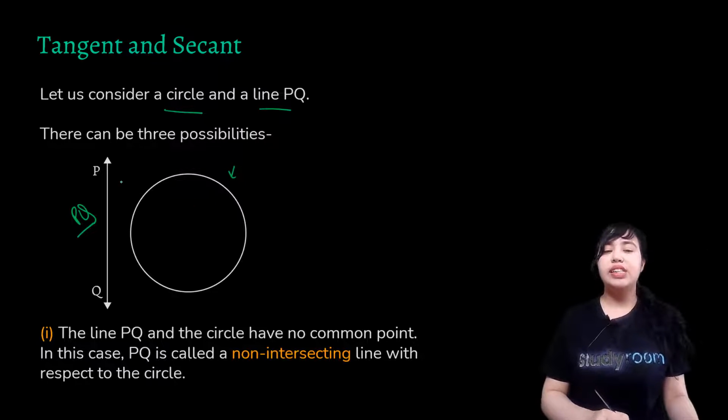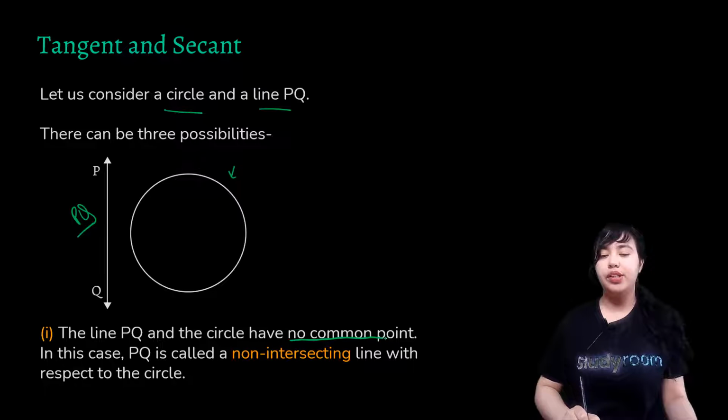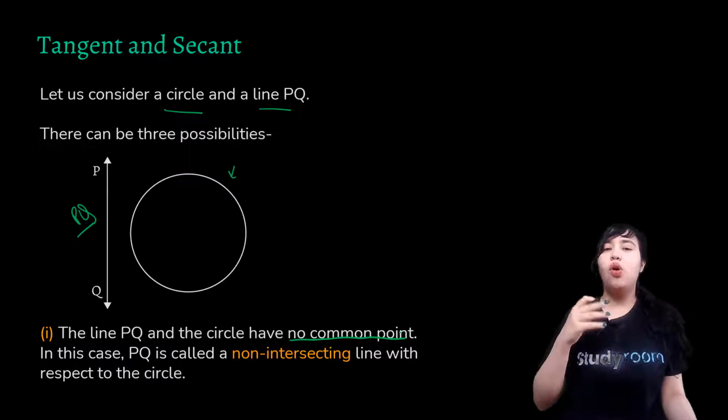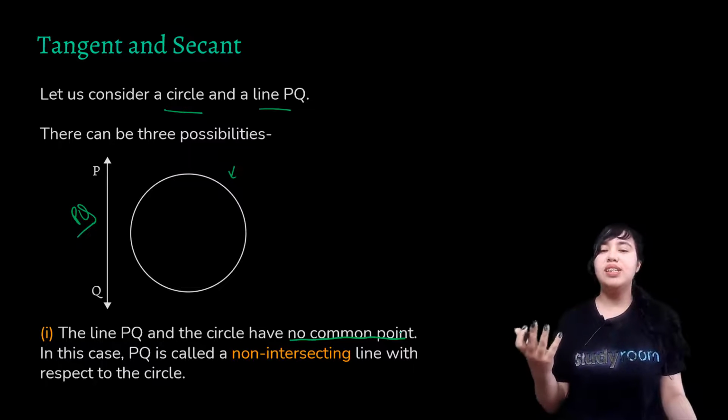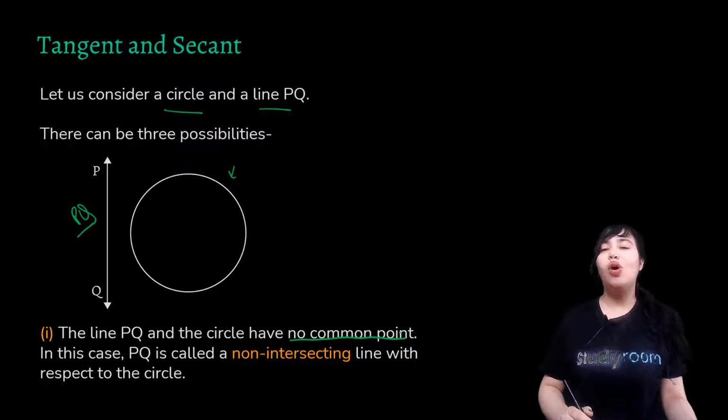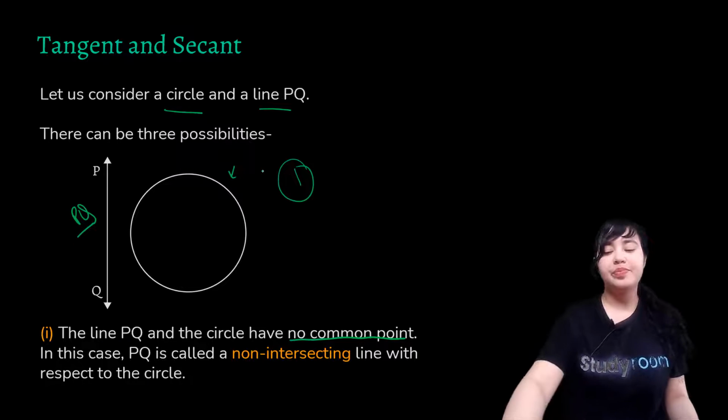The first case is that this line does not touch this circle at any point, as you can see in this figure as well. In such a case, the line PQ and the circle do not have any common point. It obviously means that PQ does not intersect with the circle, or PQ is non-intersecting with respect to the circle. So this is the first possibility.